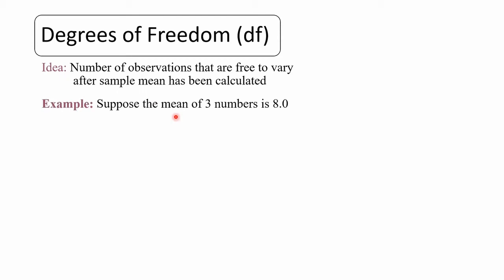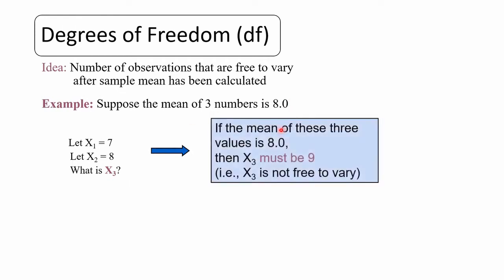Suppose the mean, or the average, of 3 numbers is 8. Let's take the 3 numbers as x1, x2 and x3. Let's take x1 to be 7, x2 to be 8. Then you ask what is x3. If the mean of these 3 is 8, x3 must be 9.